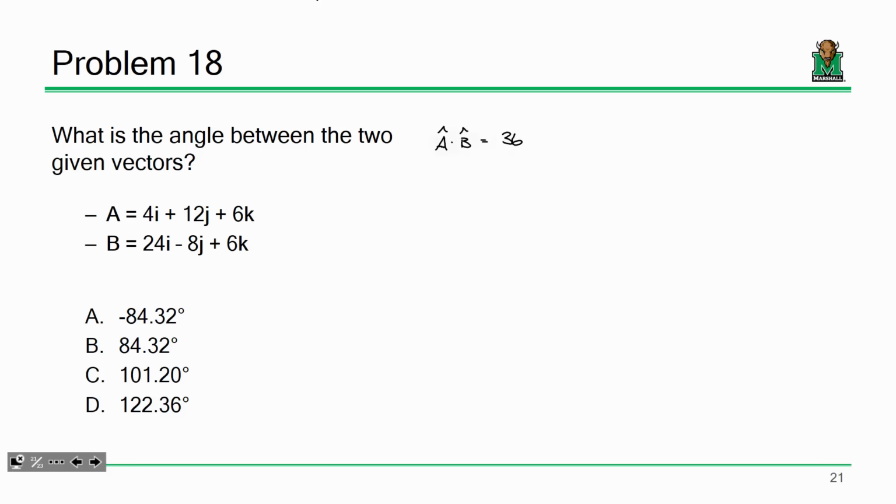Not too bad, right? Now, we're also going to need the magnitude of the A vector and the magnitude of the B vector. How do you determine the magnitude of a vector? You square them and sum them and then take the square root. It's basically the Pythagorean theorem in 3D. You're exactly right.